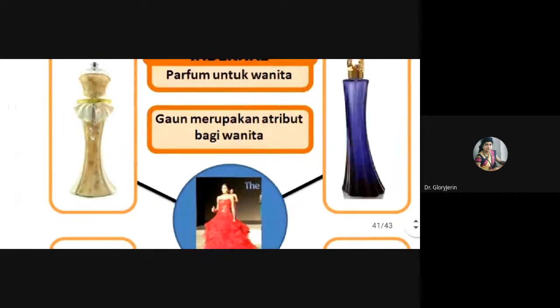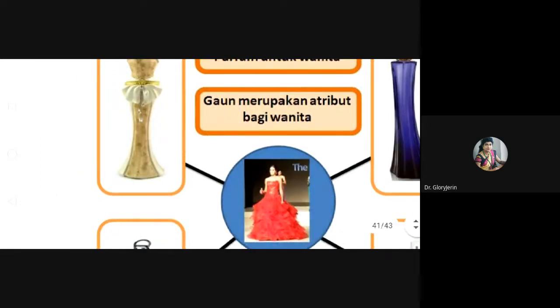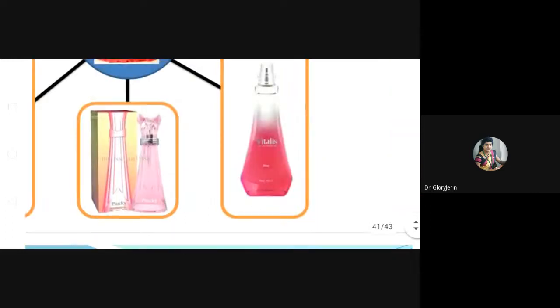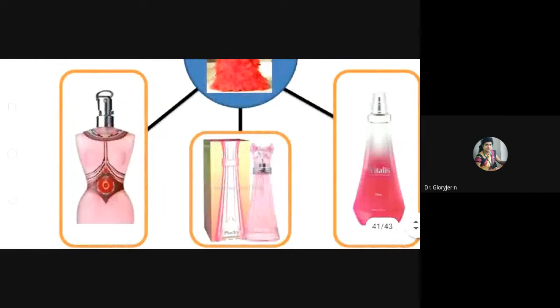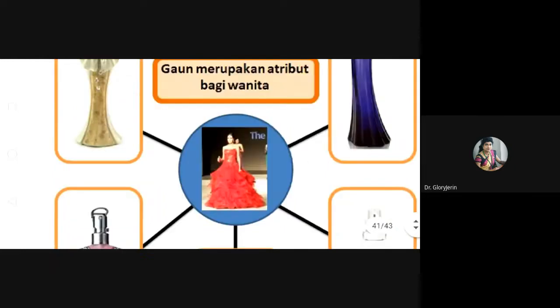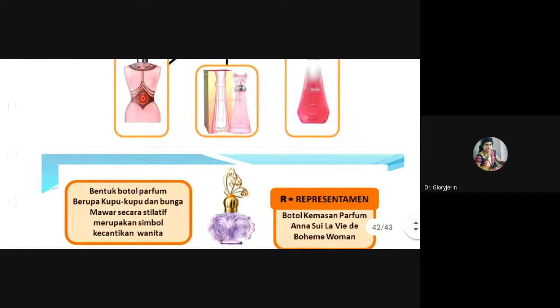You can make the bottle with a visual that looks like an attribute of a woman. The object is a dress, so it is interpreted as perfume for girls or women.